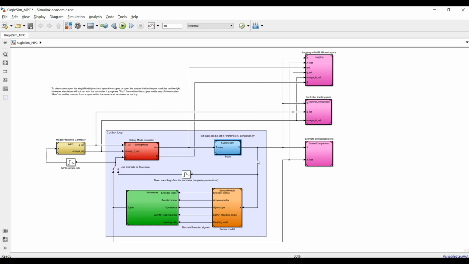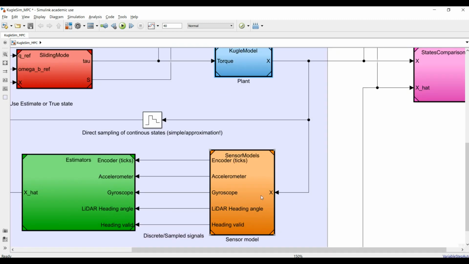The output, being the true states, is fed into a sensor model that takes in this 12-dimensional state vector and converts it into the corresponding encoder ticks from the three omni wheels, an accelerometer measurement similar to what the inertial measurement unit provides, a gyroscope measurement, and a LiDAR heading angle, which is assumed to be provided by the localization software running on the ROS compute system.